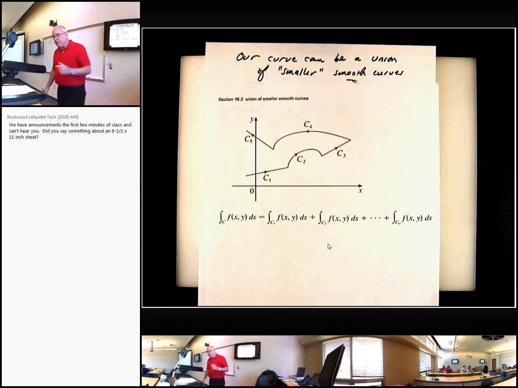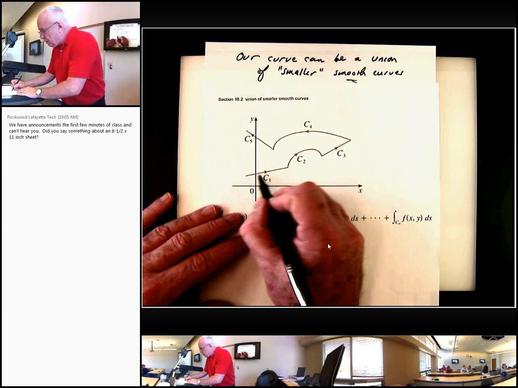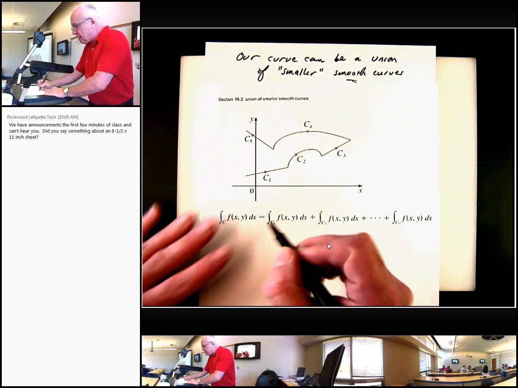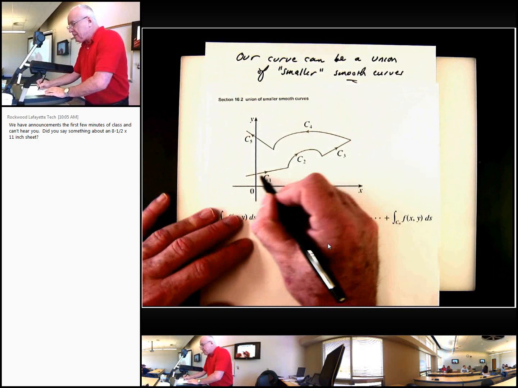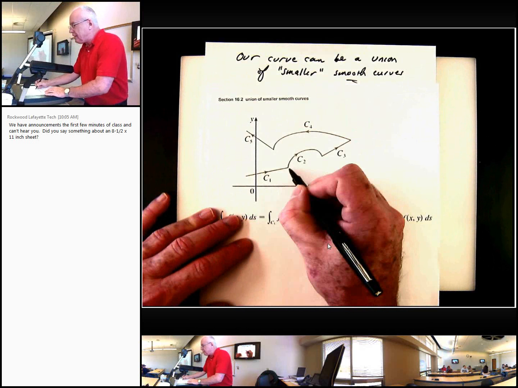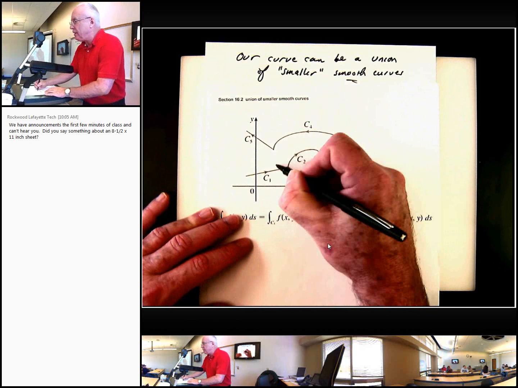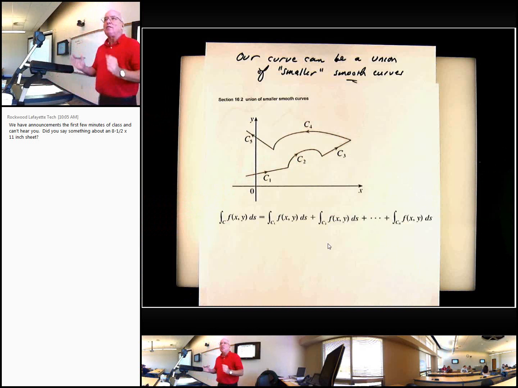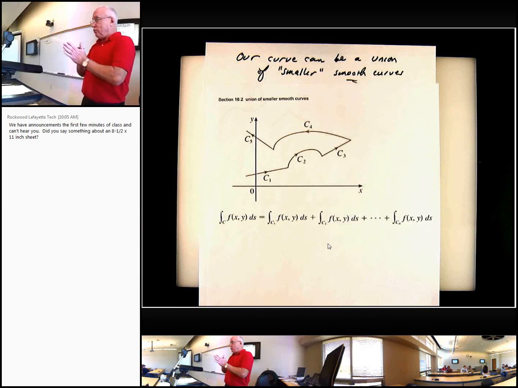All right, now the thing is, notice we're following the same direction. We're not going this way on this curve and then decide to go this way on the other curve. We're traveling the road in the same direction, okay?